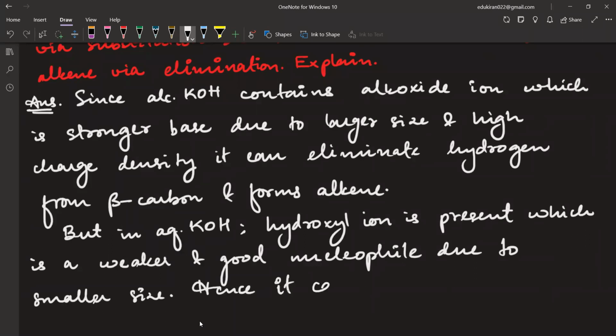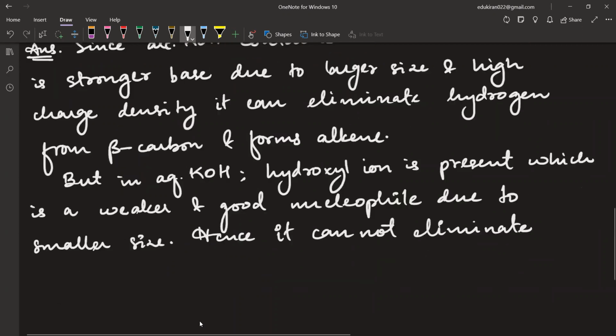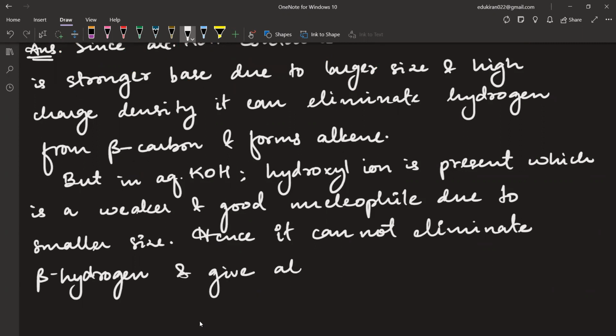Hence, it cannot eliminate beta hydrogen and gives alcohol via substitution.